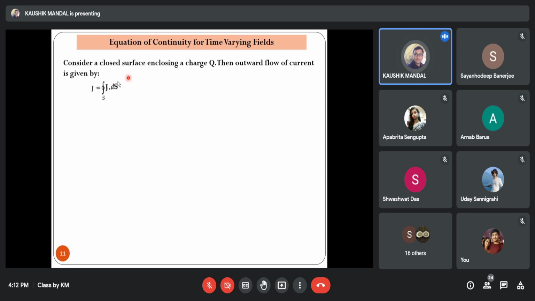Now, if we consider a closed surface enclosing a particular charge Q, then what will be the total outward flow of the current that we can describe by these equations?